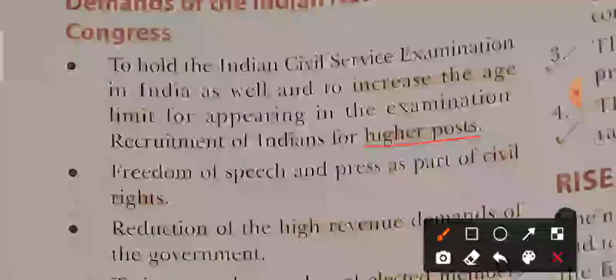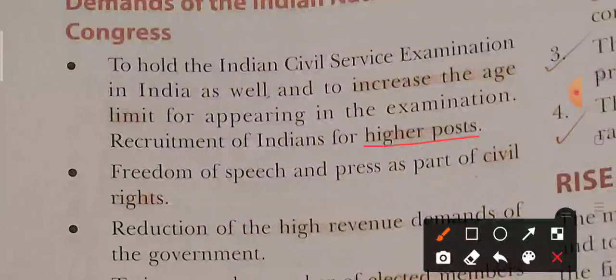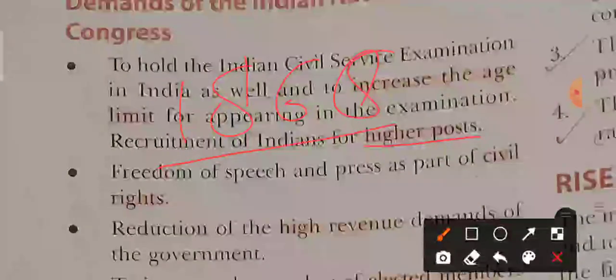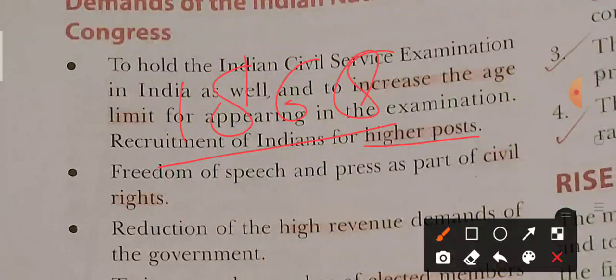For example, Surendranath Banerjee passed the ICS, Indian Civil Services examination, in 1868 and wanted to become a collector, but because of the discriminatory policy he could not.